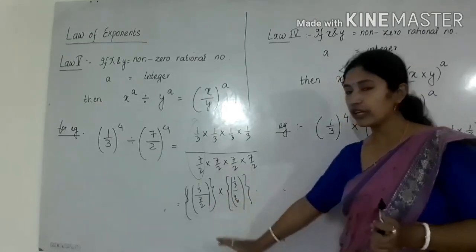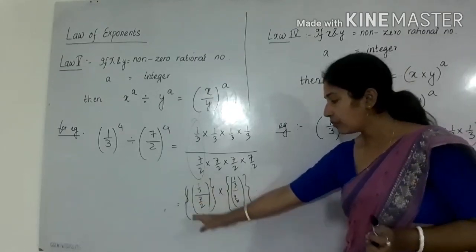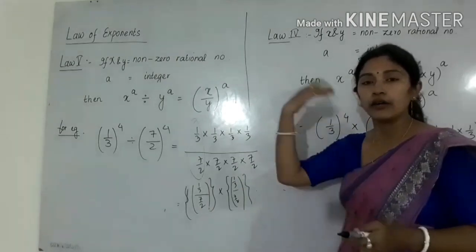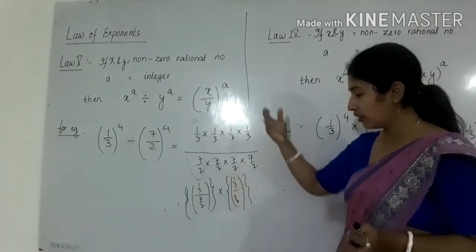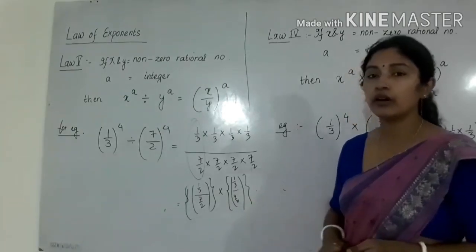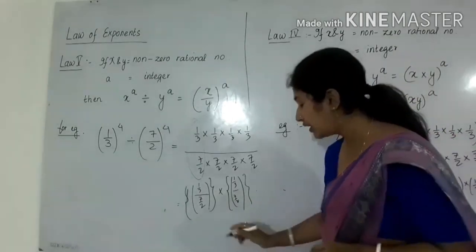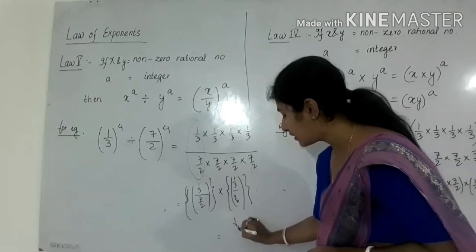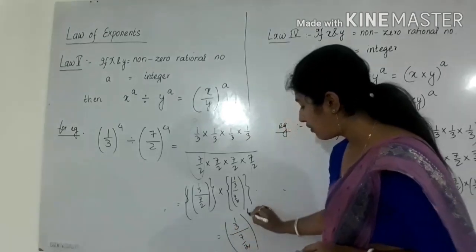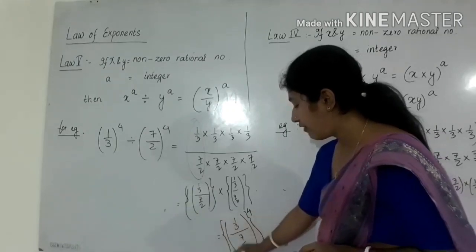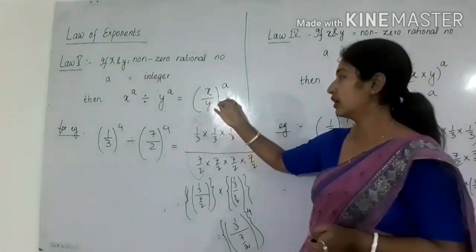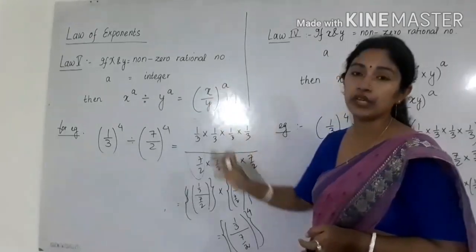So finally we can write the base as 1 by 3 whole divided by 7 by 2, and in the exponent we can write 4 because it is multiplied 4 times. So finally you will get the answer as 1 by 3 whole divided by 7 by 2 whole to the power 4. This will be the final answer, and according to the law also you will get the same thing.